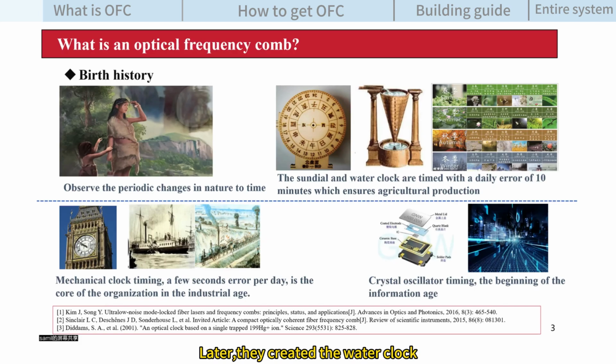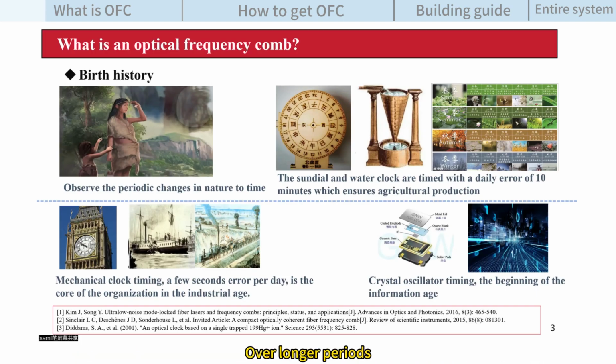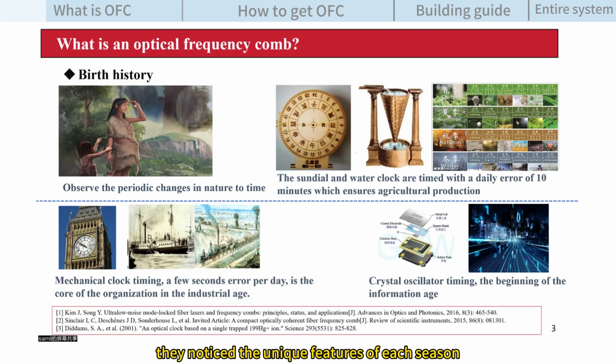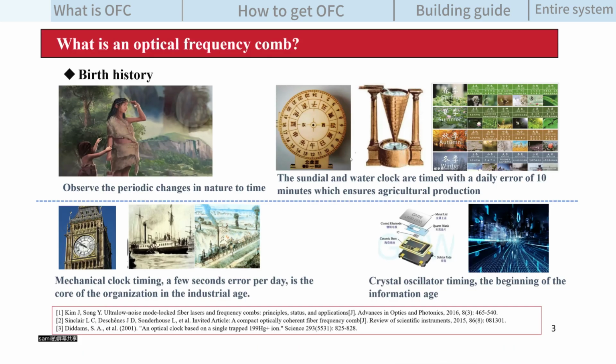Later, they created the water clock, which uses the steady drip of water to measure time even more accurately. Over a long time, they noticed the unique features of each season: spring, summer, autumn, winter. And so they developed the 24 solar terms to help guide farming activities.